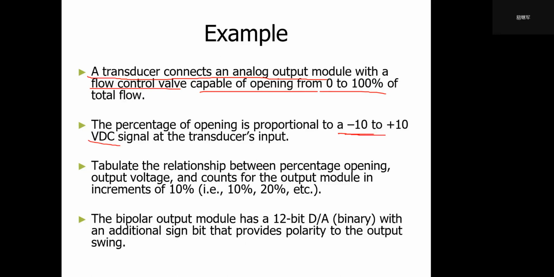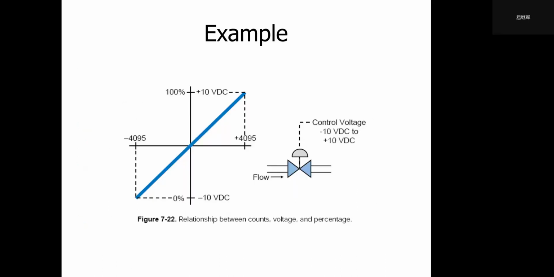The bipolar output module has a 12-bit DA with an additional sign bit that provides polarity to the output. This is the relation between the counts, voltage and the percentage.